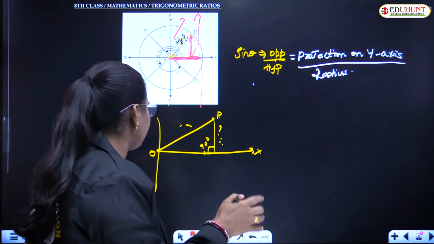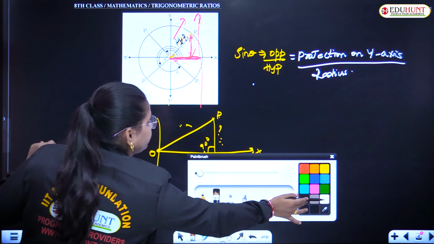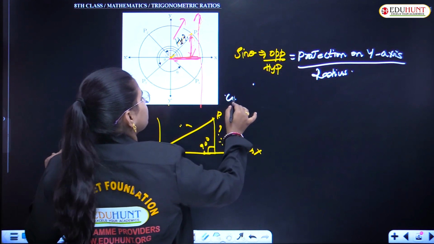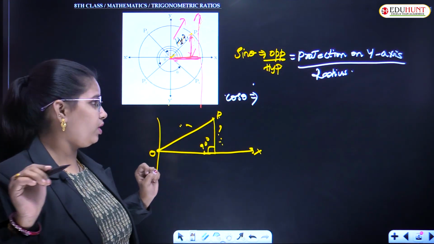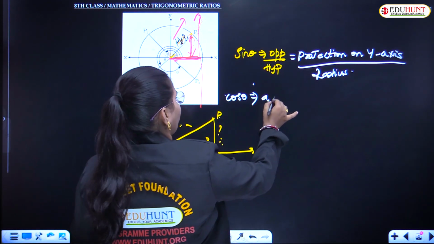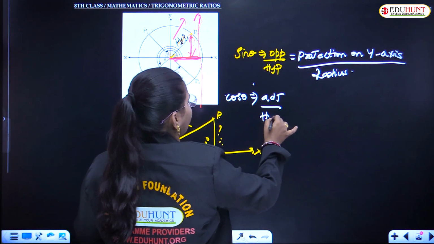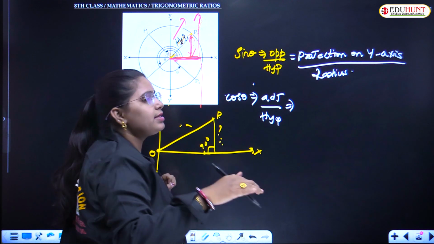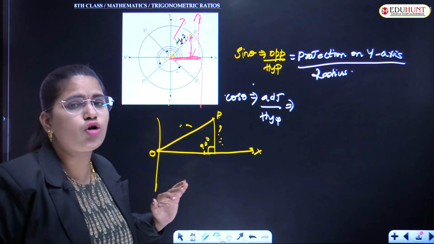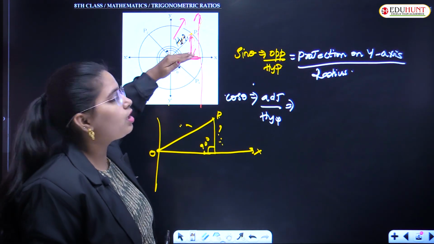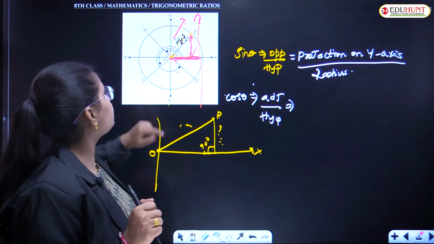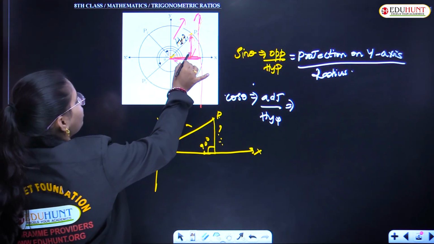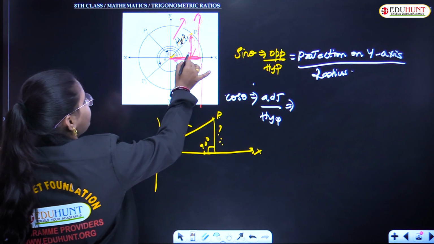Similarly, if I ask you to give the definition of cos theta, how will you give it? Tell me. Adjacent upon hypotenuse in the normal triangle. Correct. So what is the adjacent side? This is my 90 degree, correct?